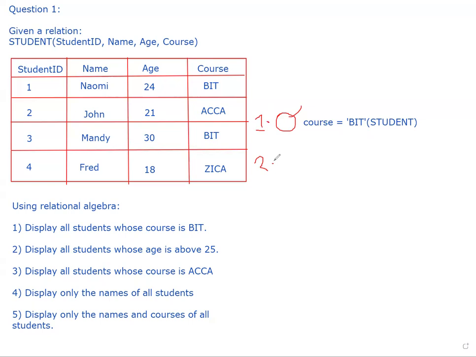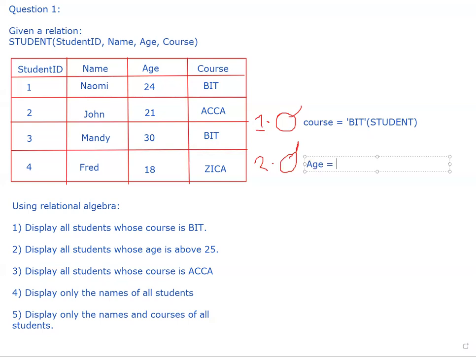Display students whose age is above 25. Again you place your select statement. You simply say select, then you're looking for age, and the column containing age is age. What is the criteria?